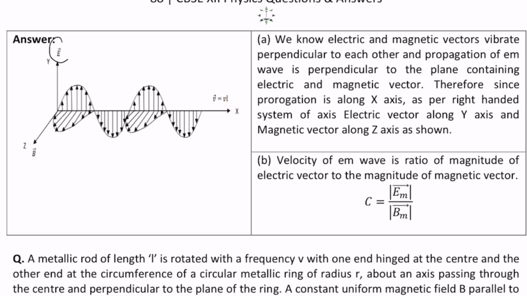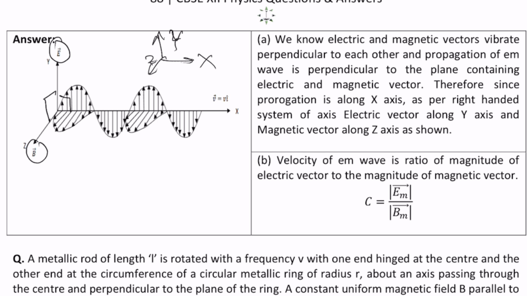This is the electric field, this is the magnetic field, they are mutually perpendicular, and the propagation vector K is perpendicular to both. If an orthogonal system of axes is taken, this is x, this is y, and perpendicular to x and y is z, correct?